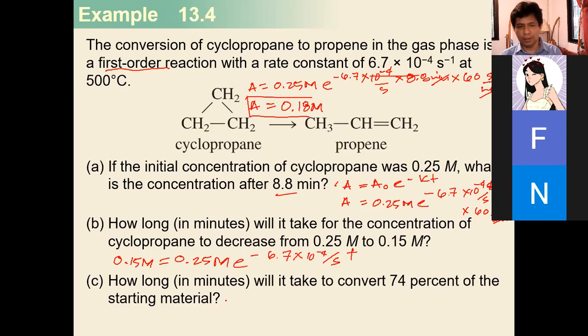Several ways to solve this. Pwede kayo mag-shift solve. Yun nga lang, medyo mabagal. Ako, ang ginagawa ko, tinatranspose ko itong 0.25. So, kinukuha ko yung ln ng 0.15 divided by 0.25. Pero pwede rin kayo mag-shift solve. Tapos, pagkakuha ko nun, i-divide ko na lang siya ng negative 6.7 times 10 to the minus 4, para medyo mas mabilis.